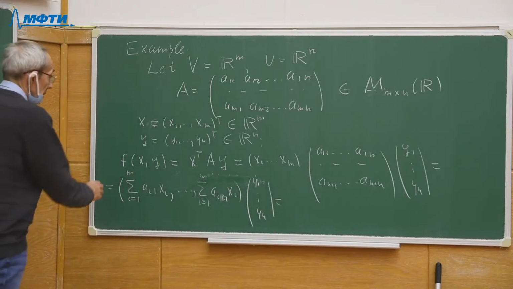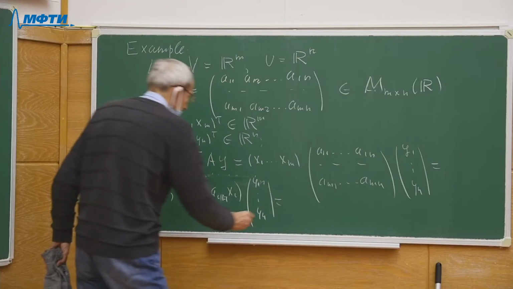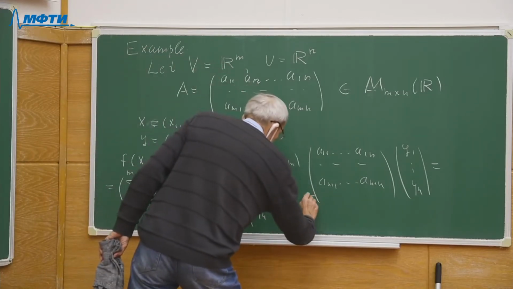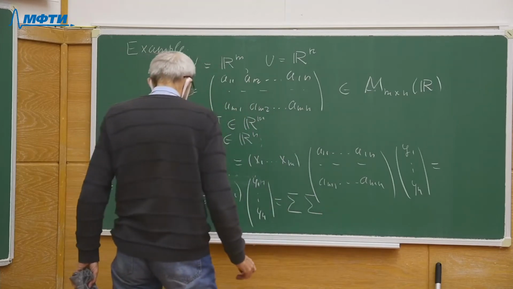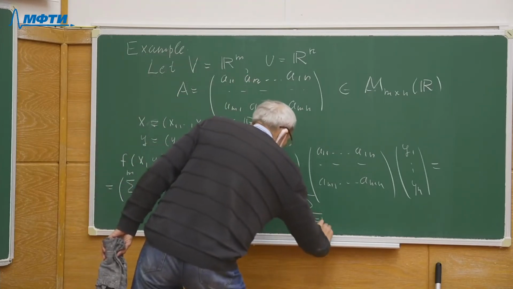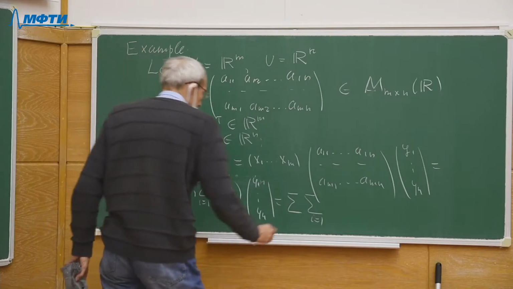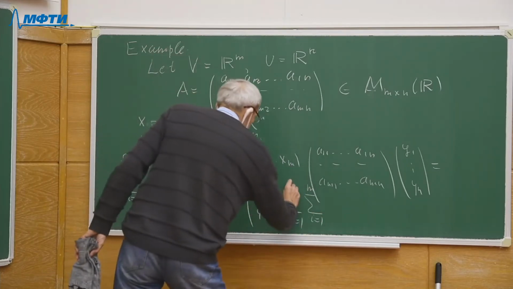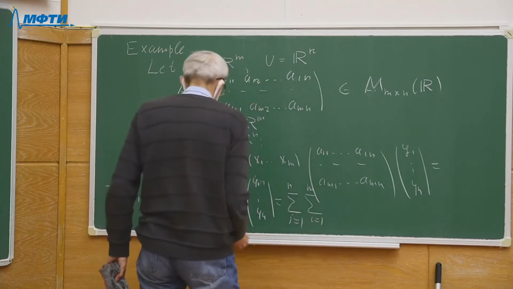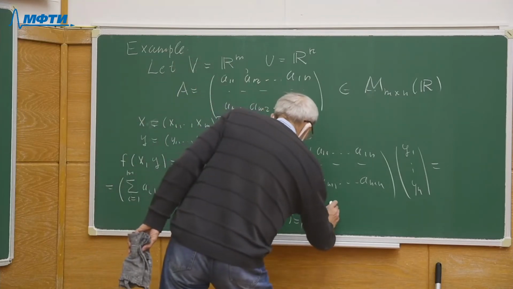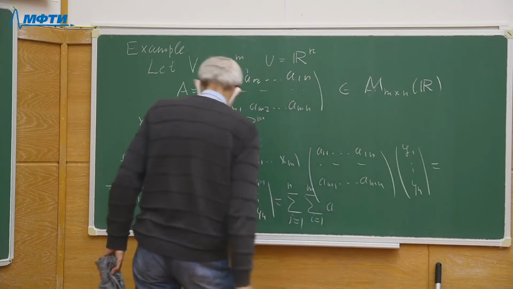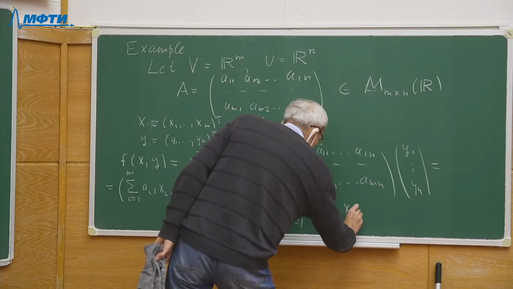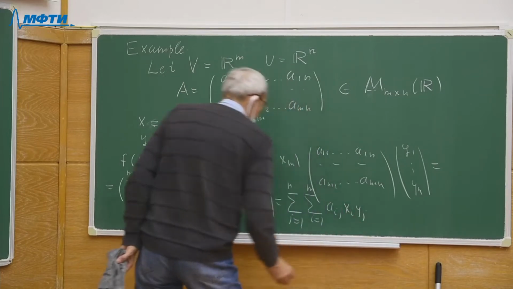And after this multiplication, we obtain the following double sum: i goes from 1 to m, and j goes from 1 to n, of a_ij x_i y_j.